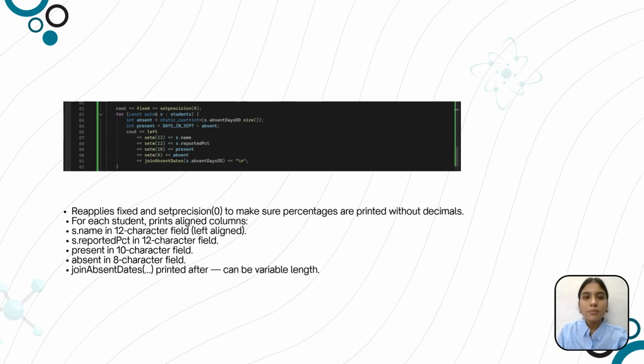Now, this part prints the summary table again, making sure attendance percentages show as whole numbers. For each student, it prints their name, attendance percentage, number of present and absent days, and the absent dates in aligned columns. The column widths are set so that all the data lines up neatly and the absent dates are printed after that.